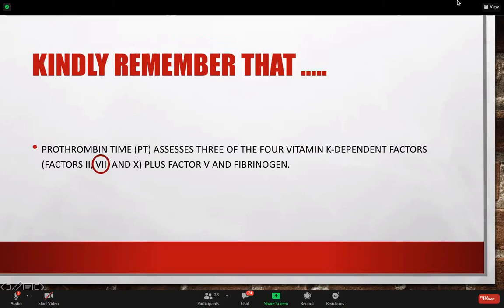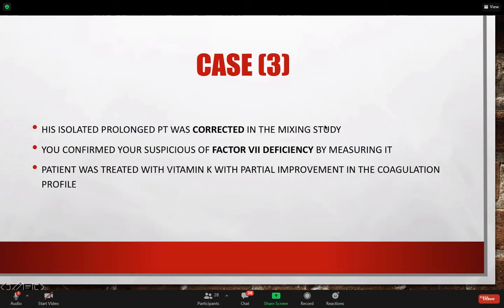Kindly remember that PT is basically assessing 3 out of the 4 vitamin K dependent factors. So prothrombin assesses factors 2, 7, and 10, as well as factor 5 and fibrinogen. This is all from physiology, okay? And I will mention why we are talking about that now.